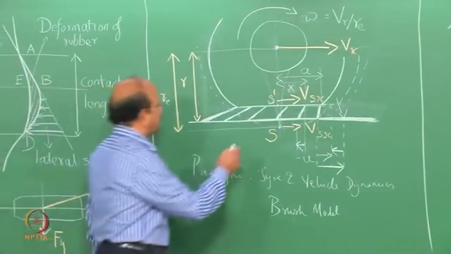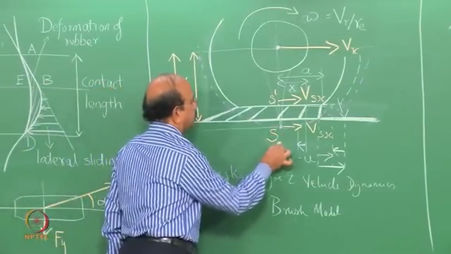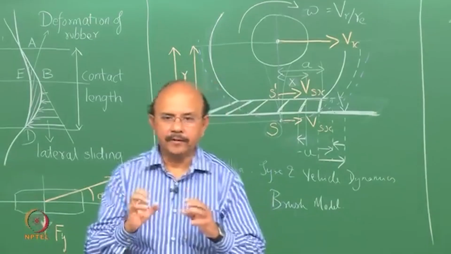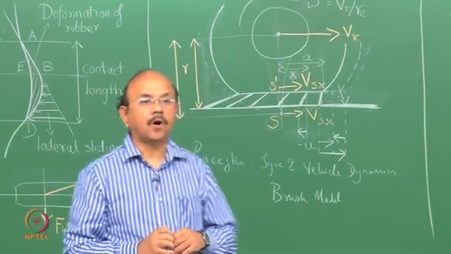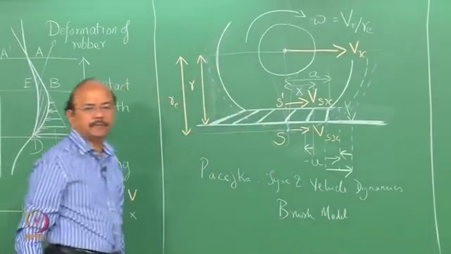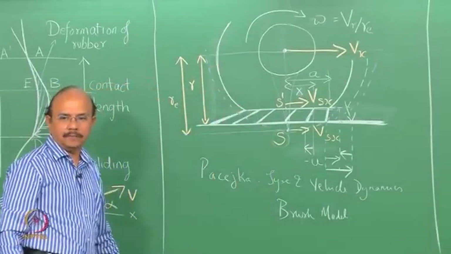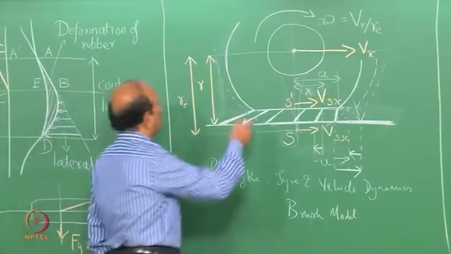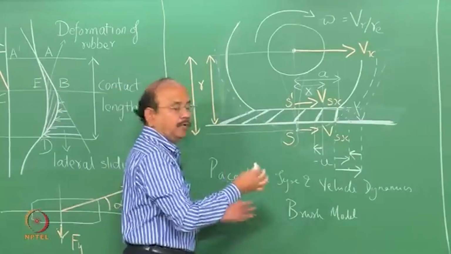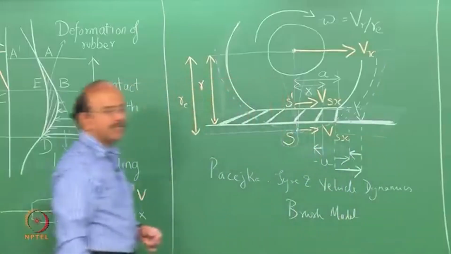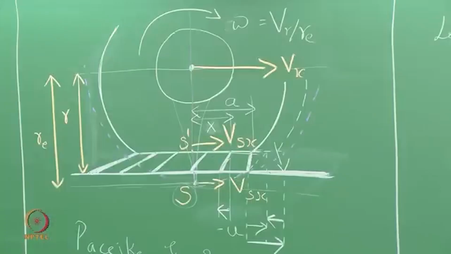Let us assume that there is a point S. This is a point which lies on the rolling radius R, which is such that it rolls on an imaginary circle without any slip on an imaginary ground like that.